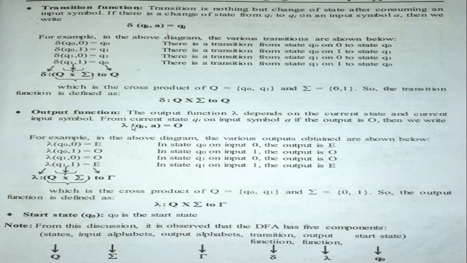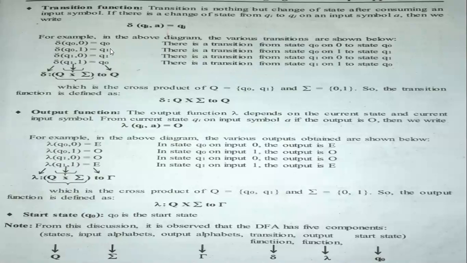The output function lambda depends on the current state and the current input symbol. From current state Qi on input symbol A, if the output is O, then we write lambda of (Qi, A) equal to O. Same thing, we don't have any difference. Here delta should be replaced with lambda, and the state and input alphabet will be the same.